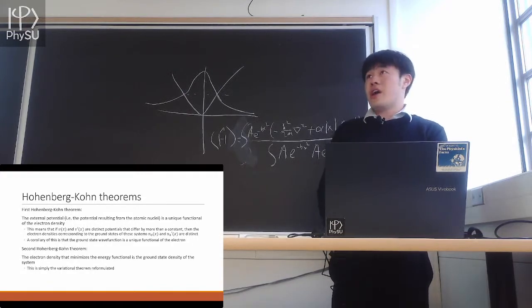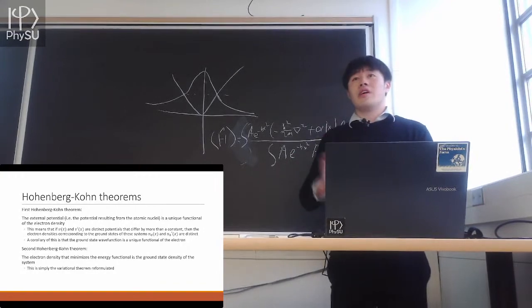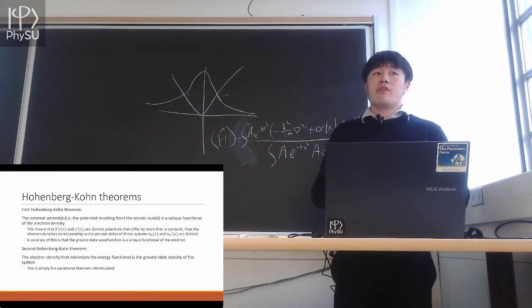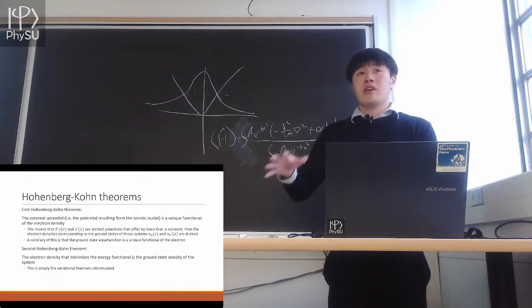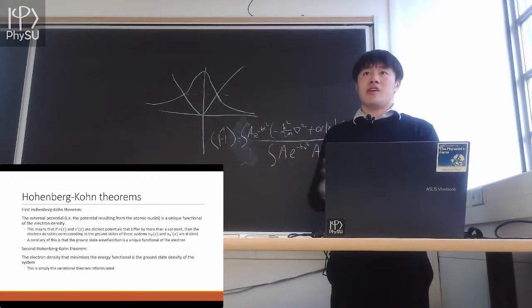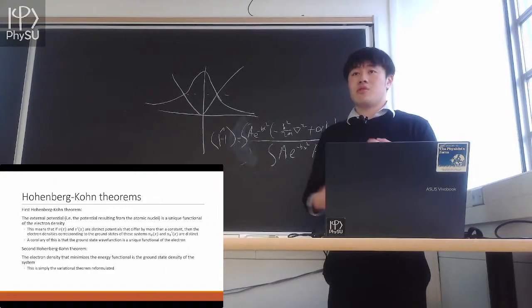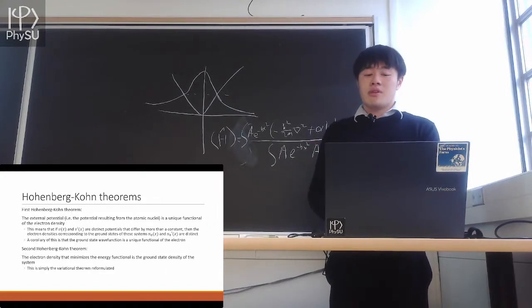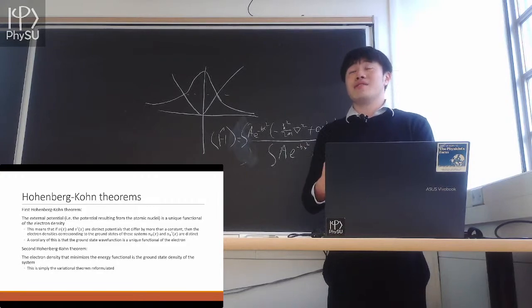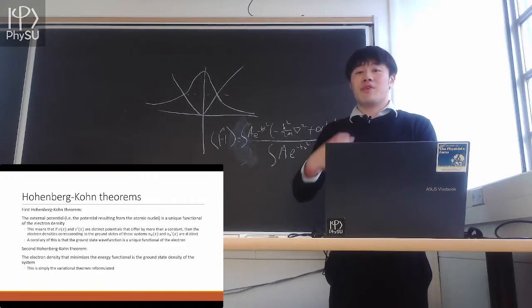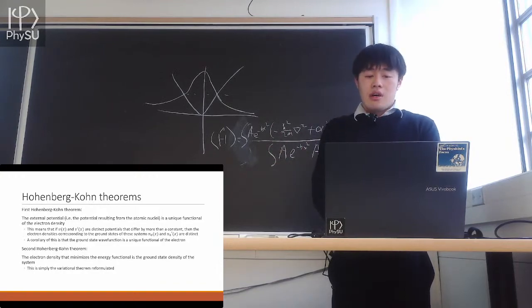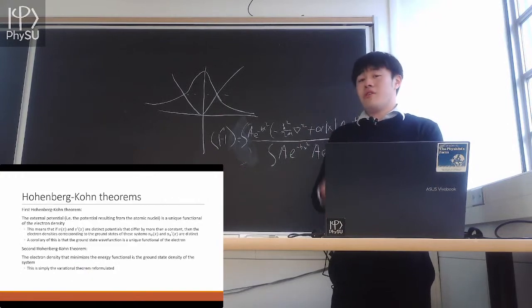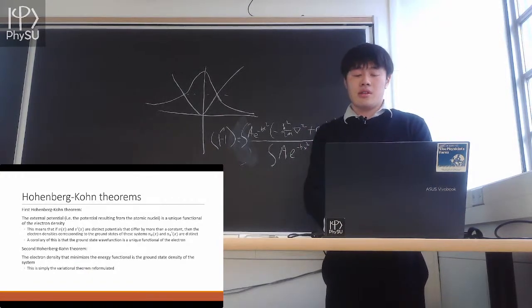So now we know that if we want to find the ground state energy of the system and the ground state observables of the system, so the energy or any other observable, you can simply rewrite them as functionals of the ground state density. But then now there's the actual problem of how do we solve for the ground state density.